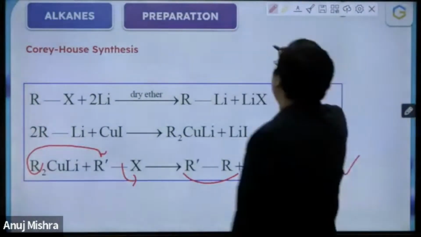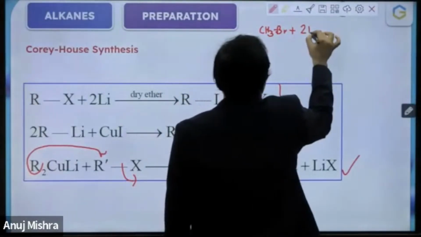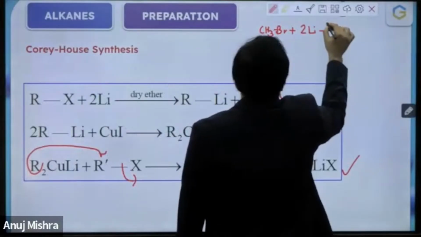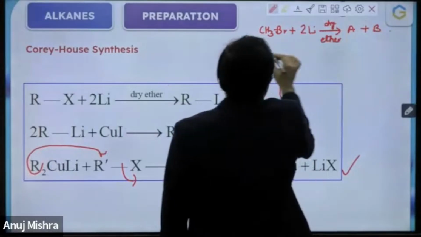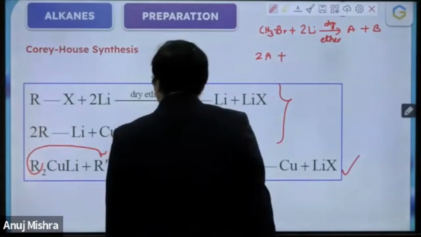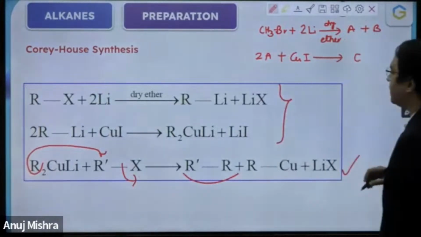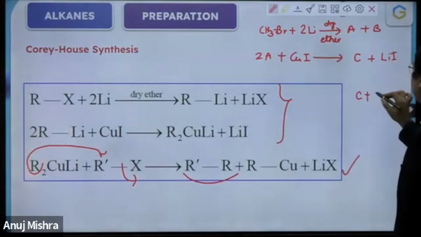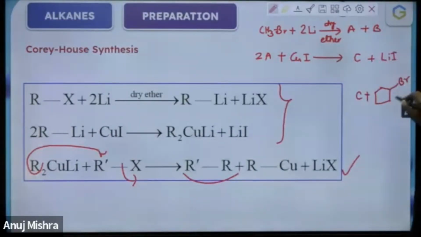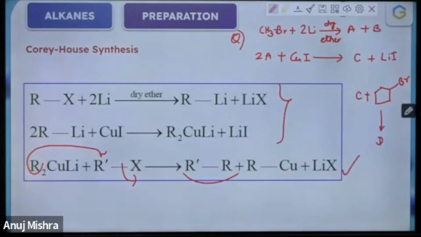Now, I will ask you the steps in the form of a question, so you will prepare quickly. Write CH3Br plus dry ether, 2 units of A gives C plus LiI. C plus Br gives D. Find out A, B, C, D. Try. First, you note it down.